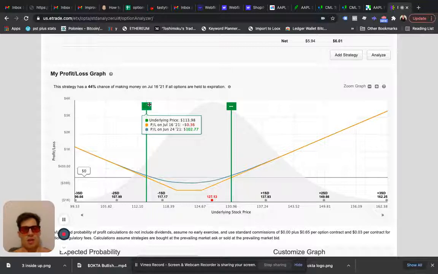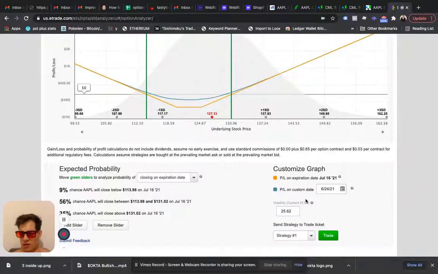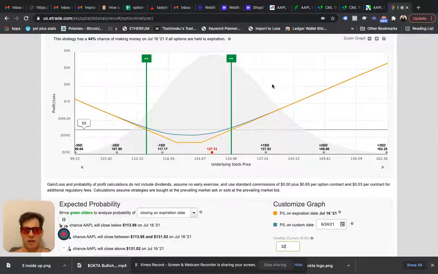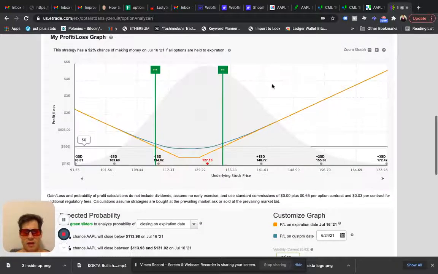But here's the thing: implied volatility is so low. Here's implied volatility. Let's say for the sake of argument that it goes up by like 7, so now it's at 32. Let's see how that affects things. If it goes up to that, our break evens are still the same, but look at where our P&L is on June 24th.